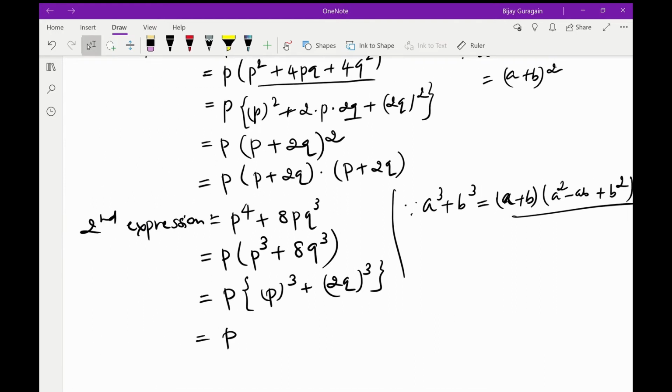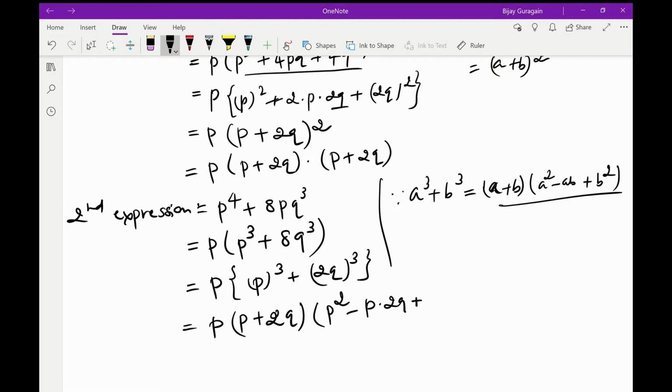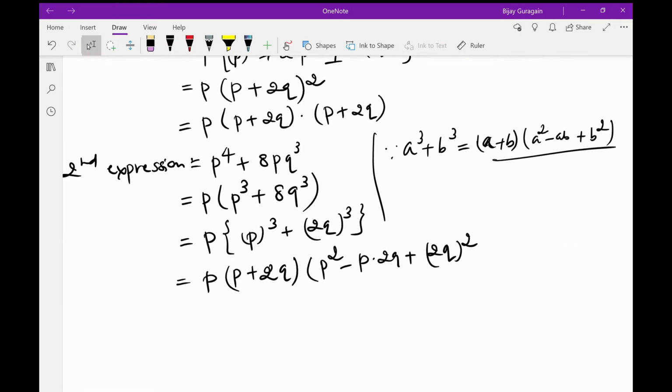We can write it in the same fashion: (a + b)(a² − a·b + b²), where b is 2q, so b² is (2q)².